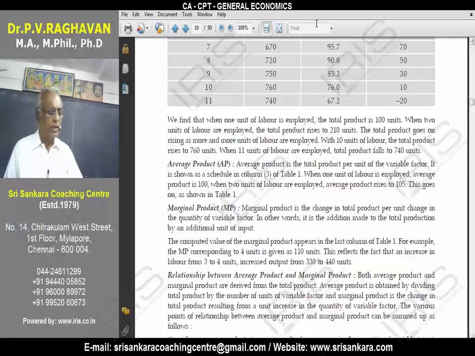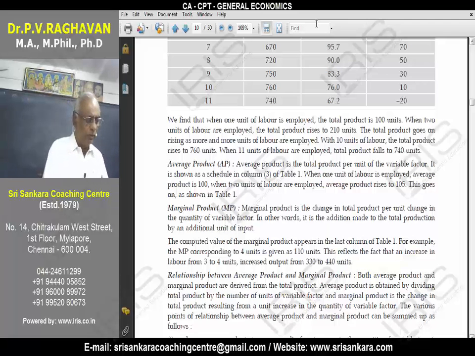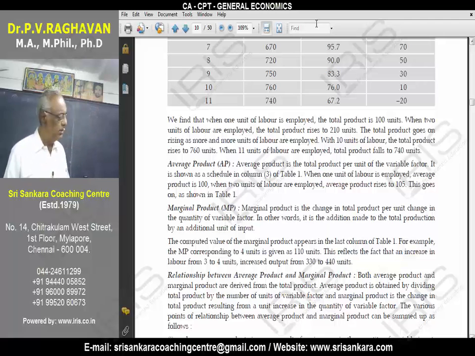We are going to take a table and do all these things with the help of a table. But you must know first. 3. Total product, average product, marginal. What is total product? Sum of marginal product. What is average product? Total product divided by units of the variable factor. What is marginal product? Additional product or addition made to the total product.